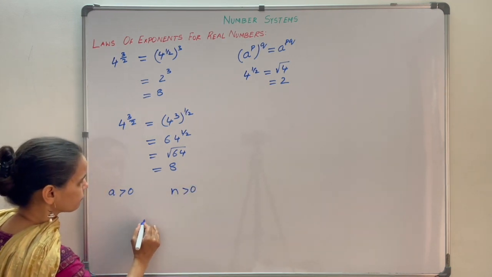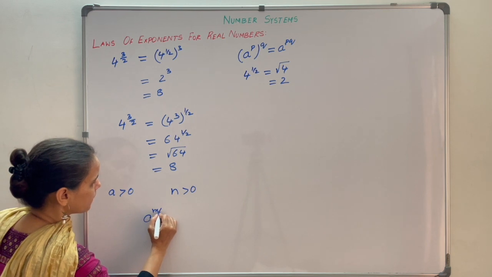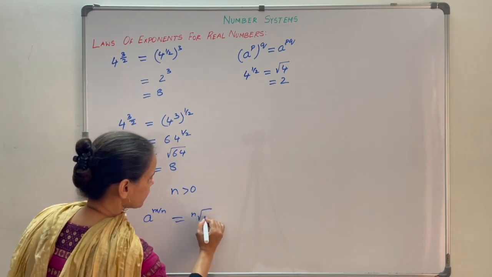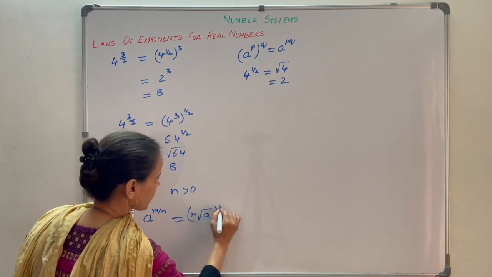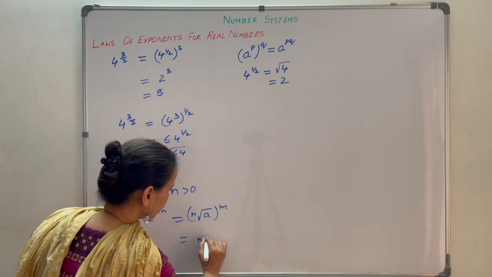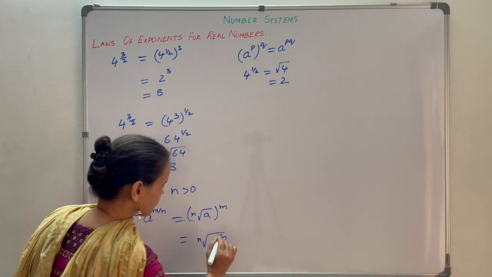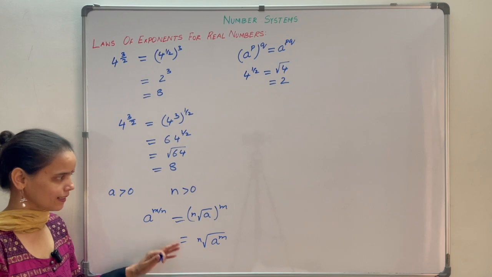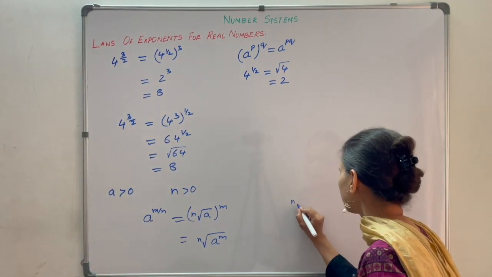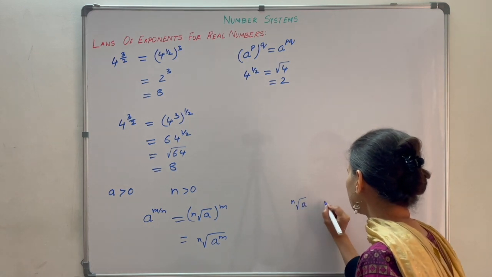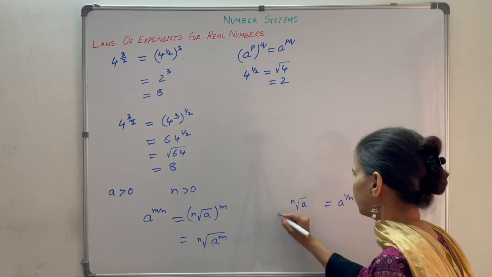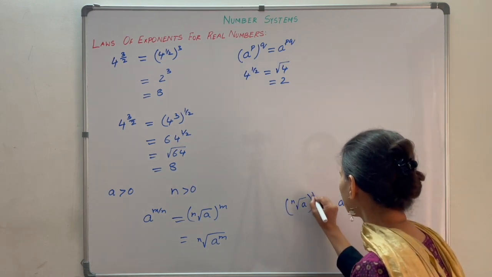Then we can rewrite A raised to power M by N as nth root of A whole raised to power M, or as nth root of A raised to power M. Are you able to understand this? Let me explain. nth root of A, what does it mean? It means that we can rewrite this as A raised to power 1 by N, and we are taking the whole raised to power M.